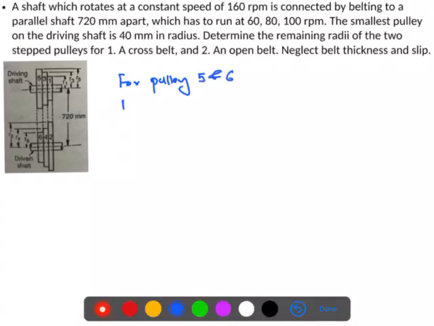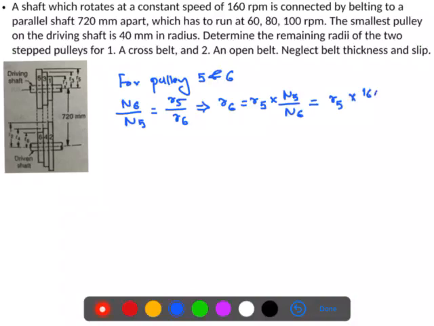We know N6 by N5 is equal to R5 by R6, or this tends to R6 is equal to R5 multiplied by N5 divided by N6. N5 is known, that is 160, and N6 is known, that is 100, and this turns out to be 1.6 times R5. So we got R6 is equal to 1.6 times R5.